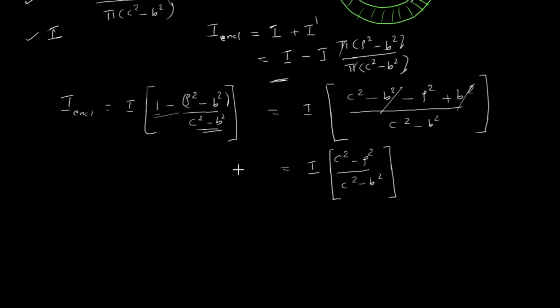So my I enclosed is my inner conductor current I multiplied by these values, c square minus rho square divided by c square minus b square. Okay. Now going back to the h vector, what is my h vector?